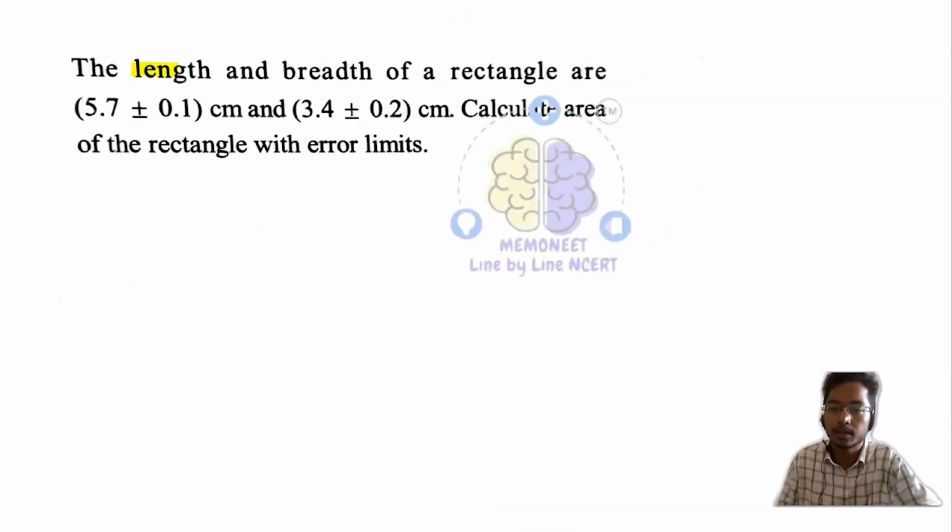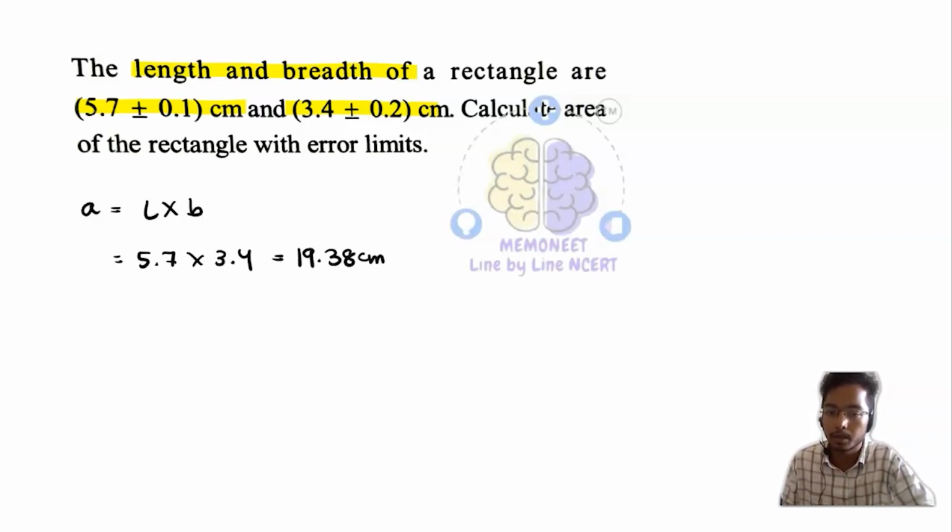Another question: the length and breadth of a rectangle are 5.7 plus or minus 0.1 cm and 3.4 plus or minus 0.2 cm. Calculate the area of the rectangle with error limits. Let's find the mean value of area, A is equal to L into B, that is 5.7 into 3.4, which comes to 19.38 centimeter square.